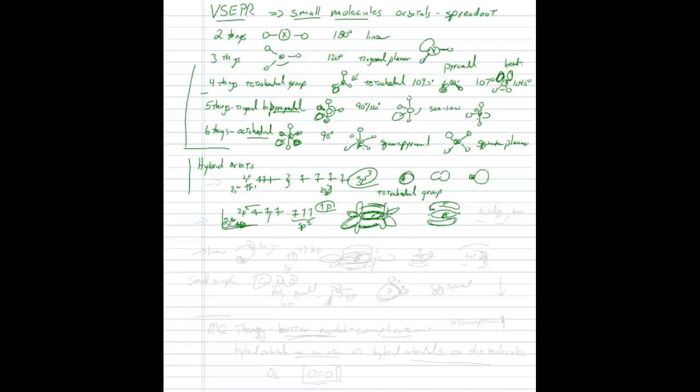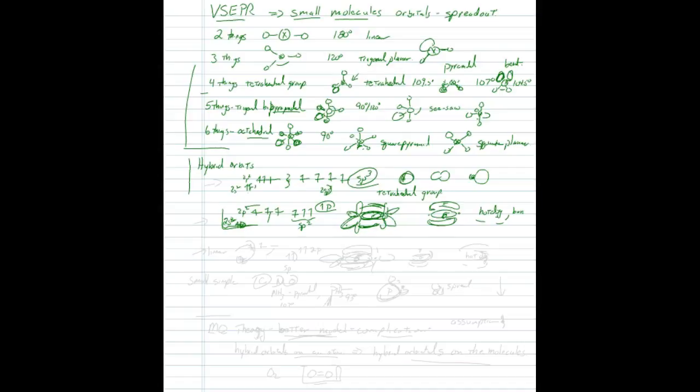I liken this to a hot dog, which is the sigma bond, with the bun. The bun comes in 2 parts, the top bun and the lower bun.